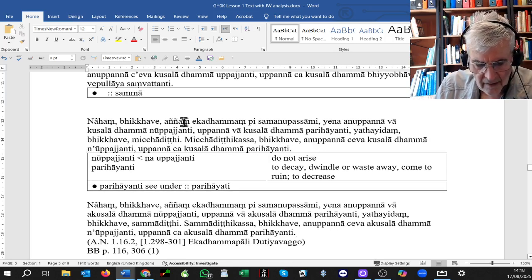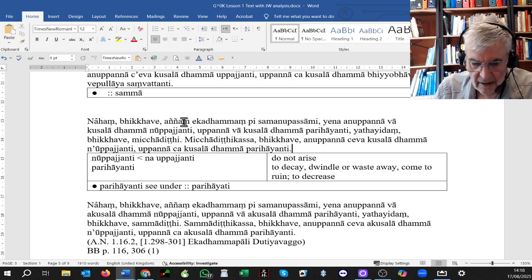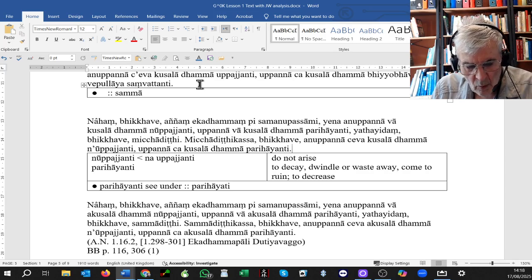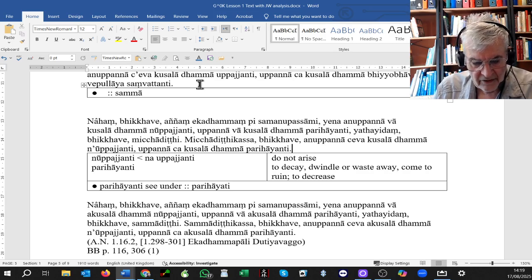Naham bhikkave anyameka dhammampi samanupassami yena anupannava akusala dhamma nupajjanti uppannava akusala dhamma parihayanti yathayadam bhikkave sammaditthi. Sammaditthikassa bhikkave anupanna cheva akusala dhamma nupajjanti uppanna cha akusala dhamma parihayanti.